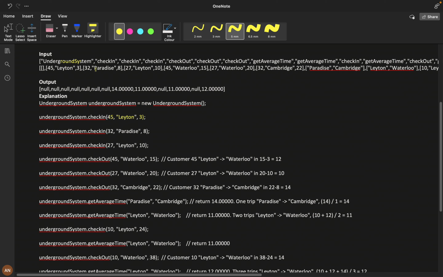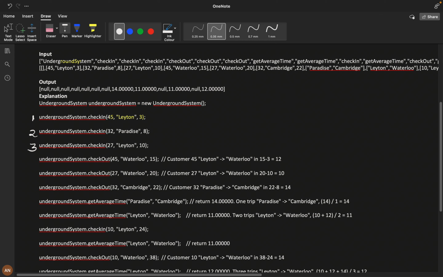Then underground.checkIn 32, the ID 32 checks in at Paradise, and the time is 8. Now another check-in, 27, Leyton, and 10.